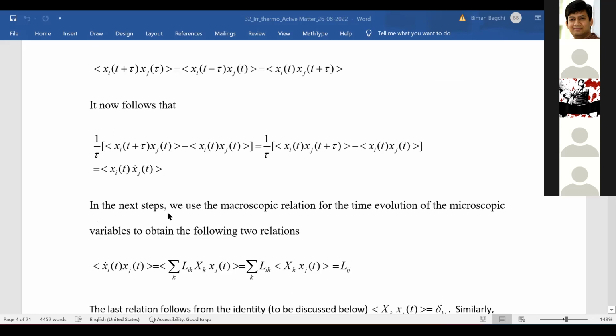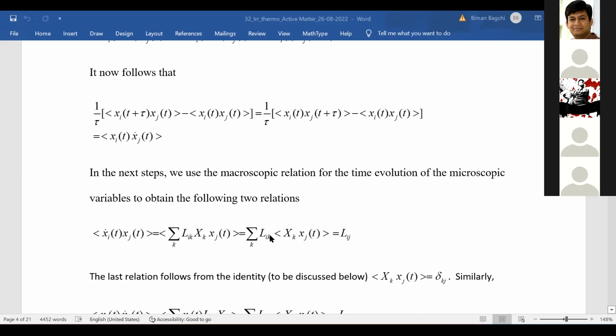So then this quantity Xi dot Xj(t) is Lik Xk Xj(t). Now I can show separately that Xk Xj(t) is Lij. No, sorry, Xk Xj is delta kj. So if it is delta kj, then it becomes Lij. Okay. Remember, these are all at the same time.